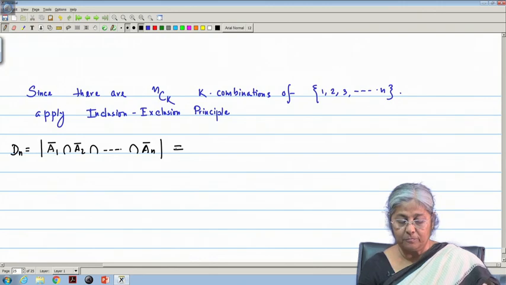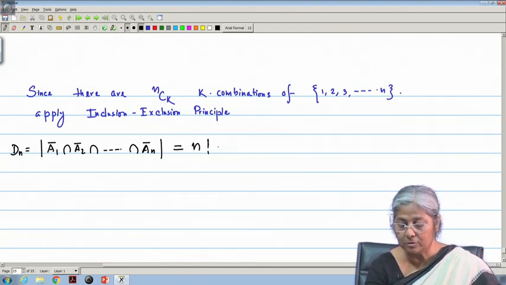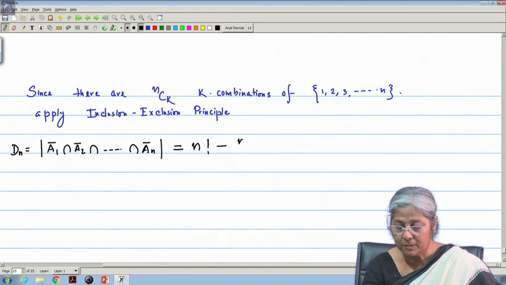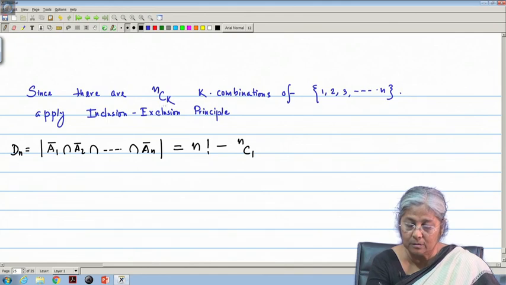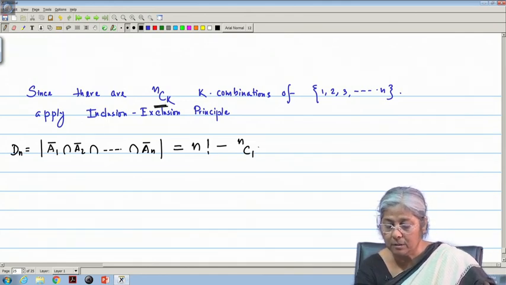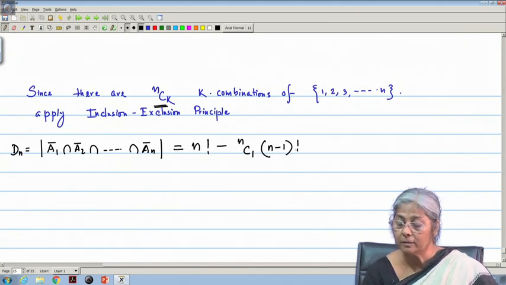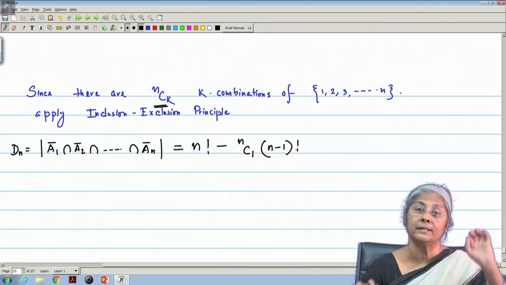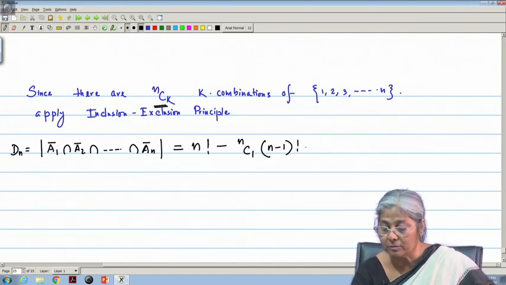So, if I get all permutations, as we have seen earlier with no restriction, this will be n factorial permutations, minus nC1. For 1 there can be n minus 1 factorial permutations, and that 1 I can choose from n. These nC1 ways I can choose the first element, and for each, n minus 1 factorial.